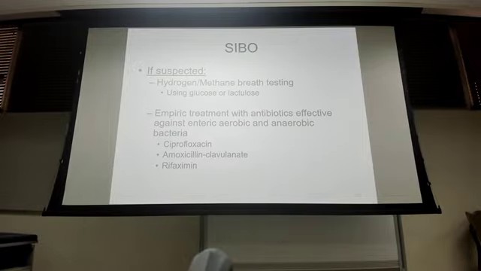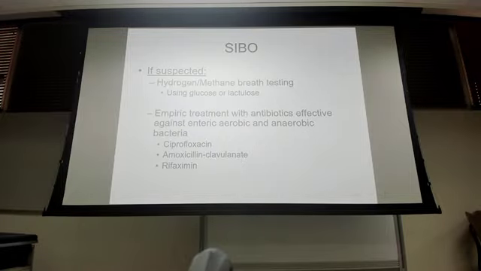You can do a hydrogen or methane breath test. Looks a lot like what we said for the lactase deficiency. They give you glucose or lactulose usually, and then they measure how much hydrogen or methane you're breathing out to say, yep, you've got too much bacteria in your small intestine.